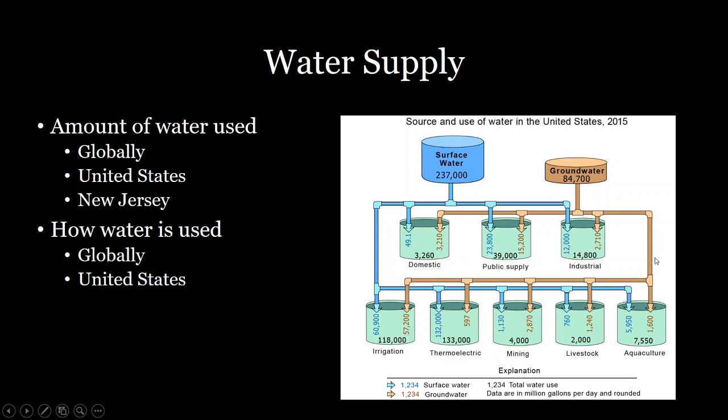And so this can tell us how vulnerable different industries would be to changes in how much available surface water and groundwater there is. For example, if we decrease the availability of surface water, then potentially public water supplies will be really impacted, as well as thermoelectric power generation and aquaculture, for example.